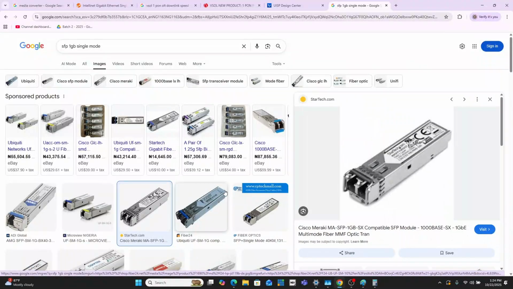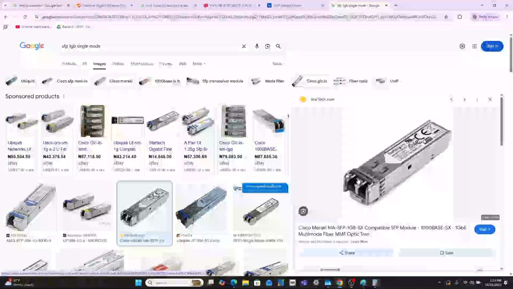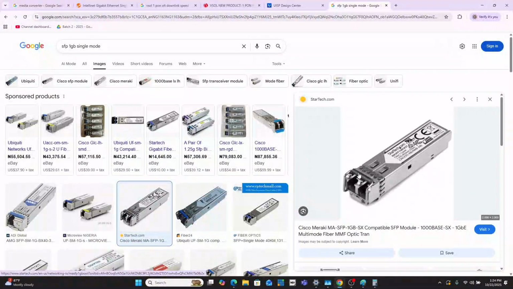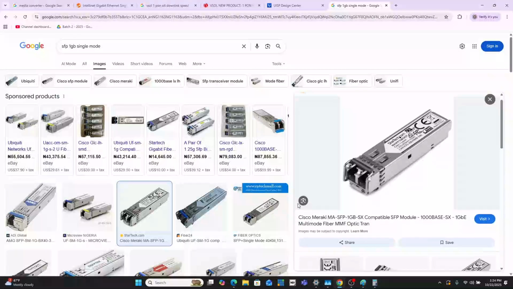All of them have TX and what? RX, isn't it? TX and RX. And I also showed you how to find them out. Which one is the TX? What did I say? With the clip looking at you, right? Yes. The TX is the one by the left hand side, and the RX is the one by the what? Right hand side.